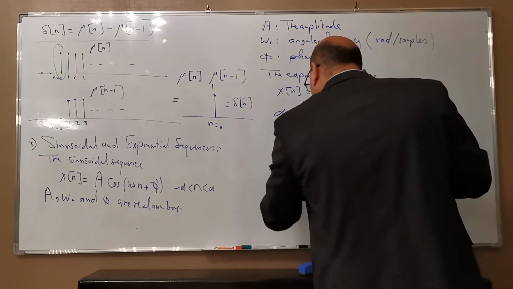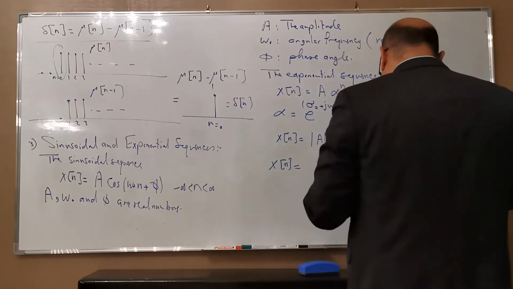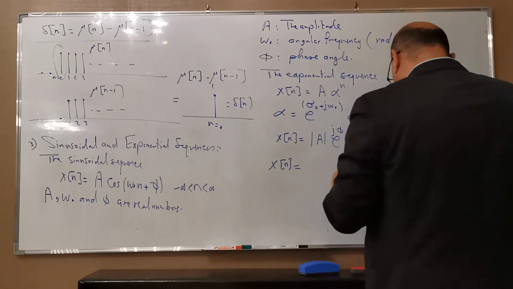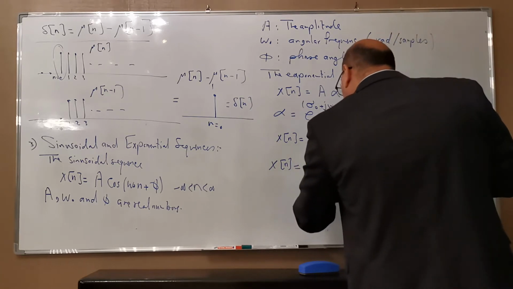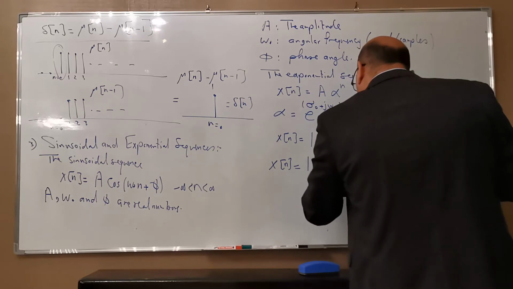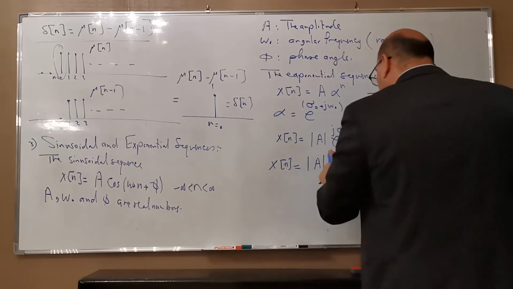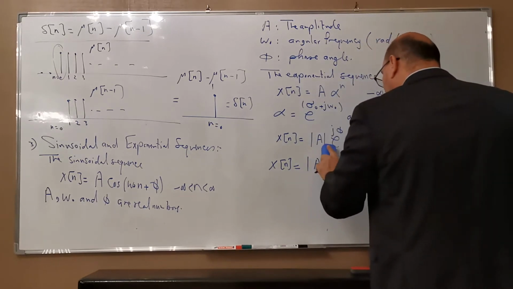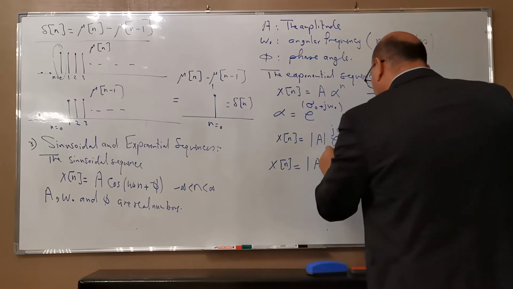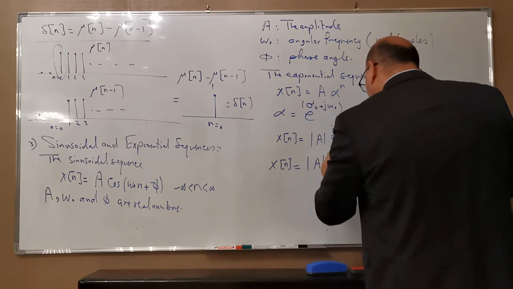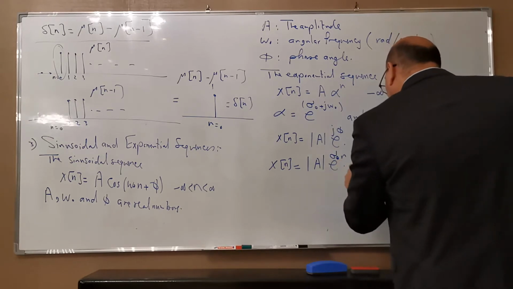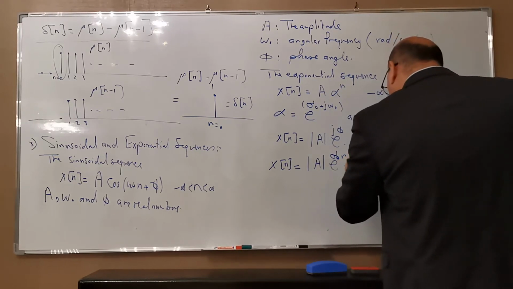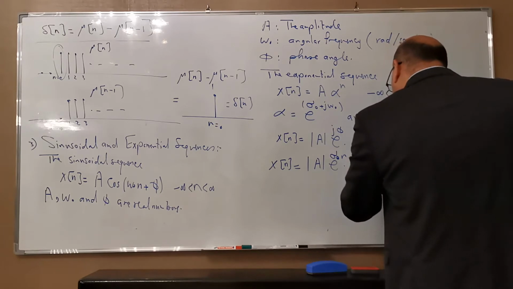x of n can be written as the real part and imaginary part. Let's put them in this form: the magnitude of a e to the sigma 0 n, this is the real part, times e to the j omega 0 n plus phi.